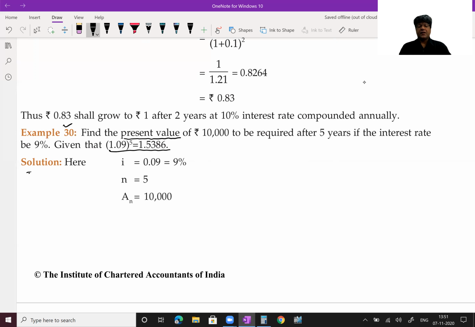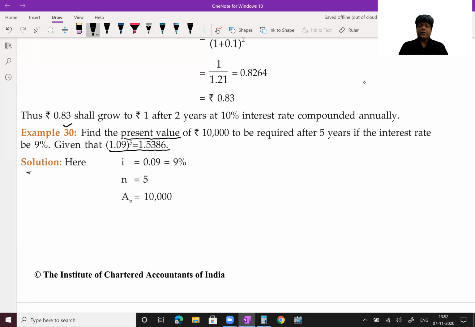And what is the question? See, present value means value at present. Future value means value in future. Suppose you are doing a fixed deposit of 5 lakh today, and after 10 years you will receive 10 lakh. So today's 5 lakh, after 10 years will be 10 lakh. So this 5 lakh, today's value, is the present value. After 10 years, that will be 10 lakh, that is in future.